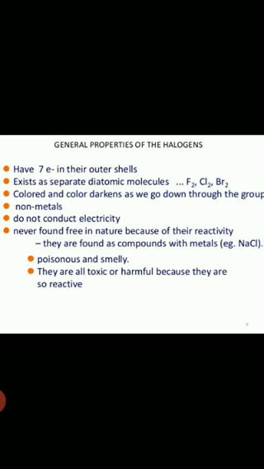They all are non-metals. They do not conduct electricity. They are never found in the free state in nature because of their reactivity. They are found as compounds with metals like NaCl. These are poisonous and smelly. They are all toxic or harmful because they are very reactive.